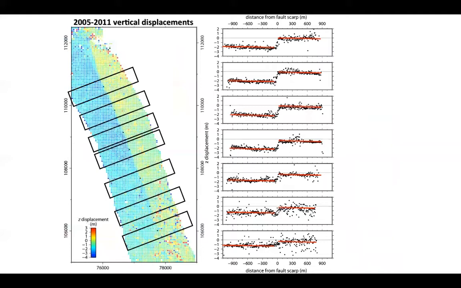This western side has moved down by about 2 meters. We can then look at fault perpendicular transects, shown here on the right. And we can identify the approximate fault location by looking at the sharp change in displacement across the fault strike.